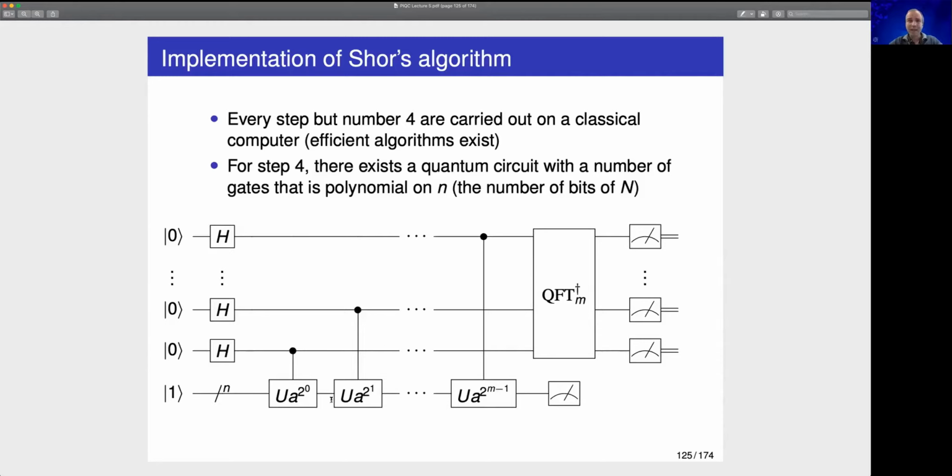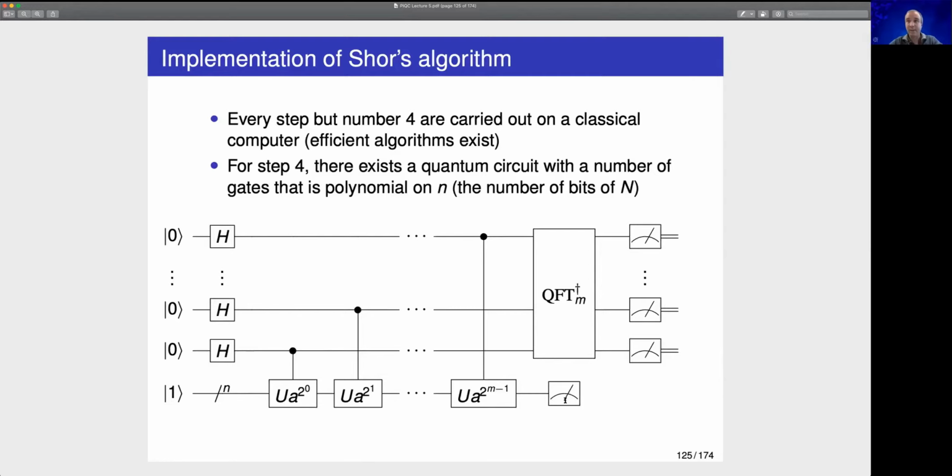This is just a classical computation, and we know that any efficient classical computation is something that we can do with an efficient quantum circuit also. What we get with these operations here is to compute the values a to the power x mod n.